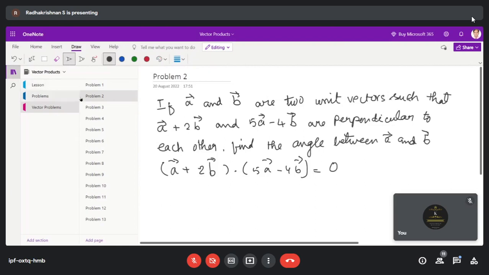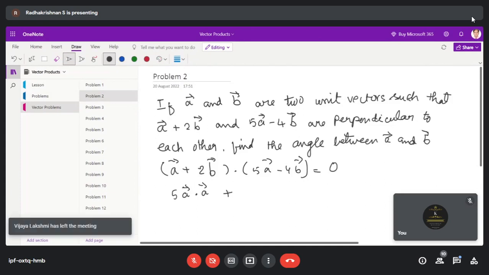If we expand this, what happens? 5 into 5a vector minus 8b vector, sir. Yeah, it won't be a dot a like that. 5a dot a comes first. Next, sorry, minus 4a vector dot b vector, sir.